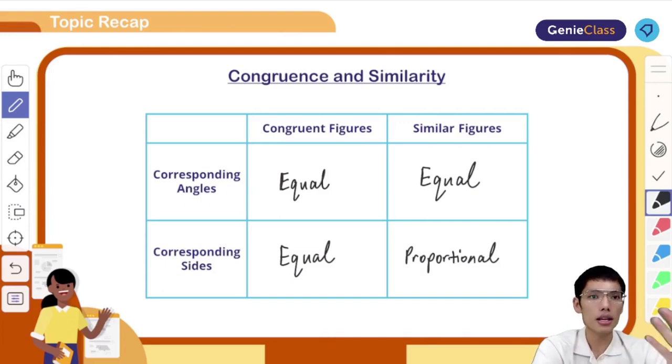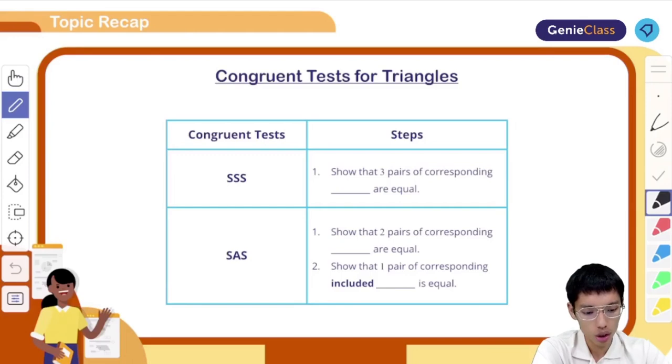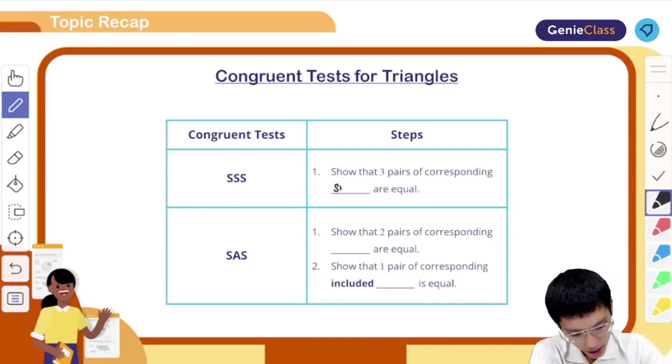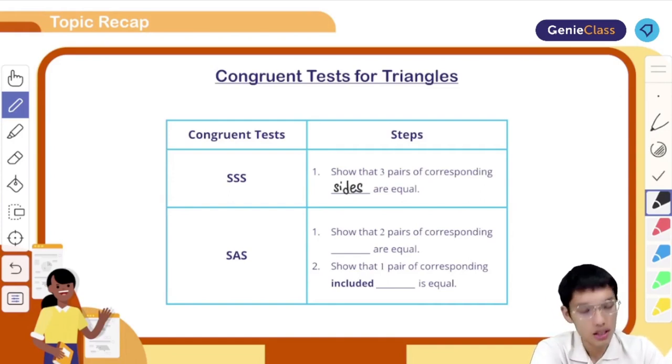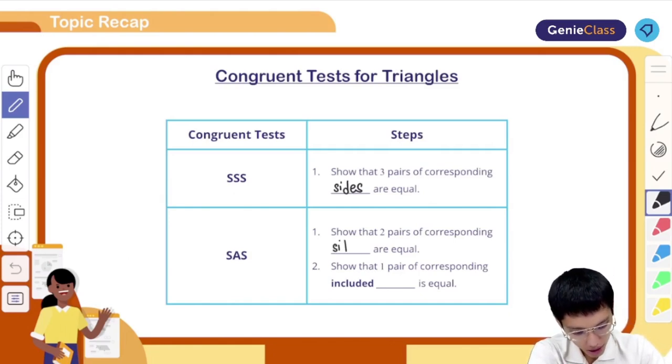With congruence and similarity, we jump onto this thing called the congruence test. Very, very important over here. There are a few congruence tests. SSS, basically side, side, side, just showing that 3 pairs of corresponding sides are equal. And lastly, SAS, show that 2 corresponding sides are equal.